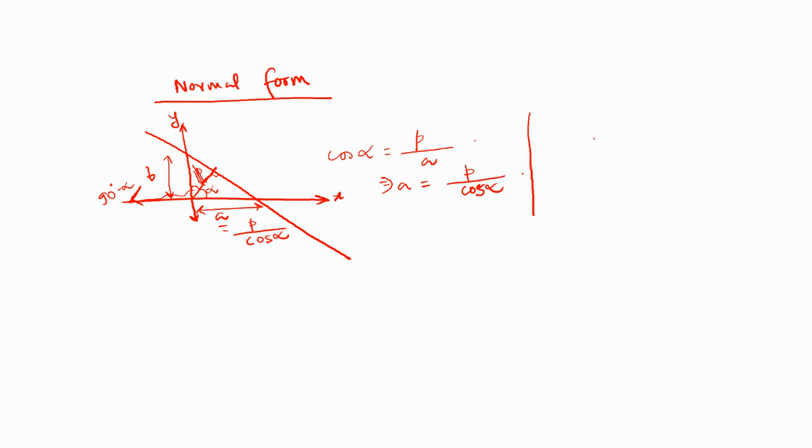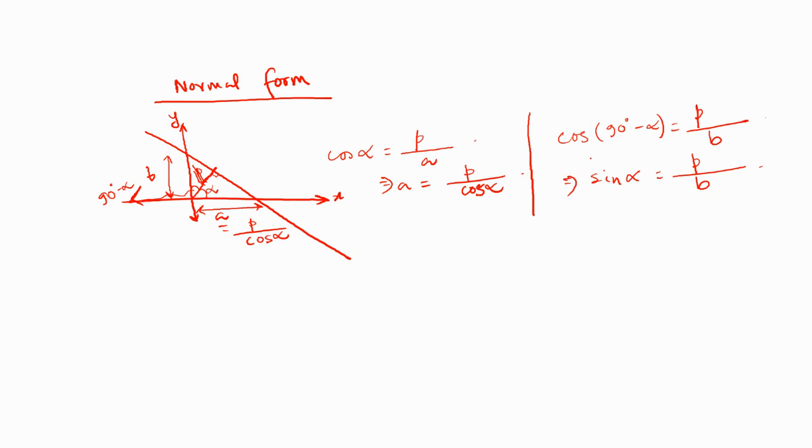Same thing, let's do cos of 90 degree minus alpha, which is base by hypotenuse. Here base is p and hypotenuse is b. So what we get, cos 90 minus alpha equals sine alpha, equals p by b.